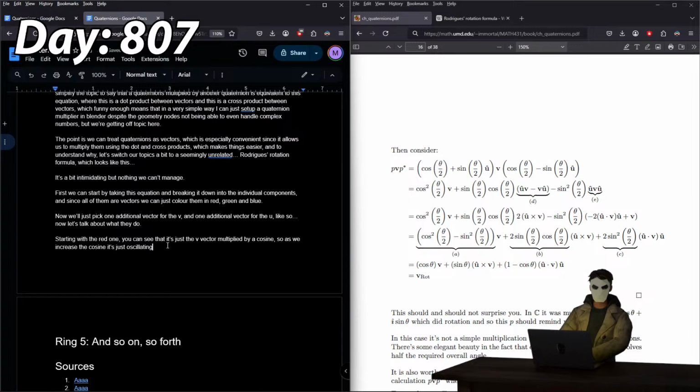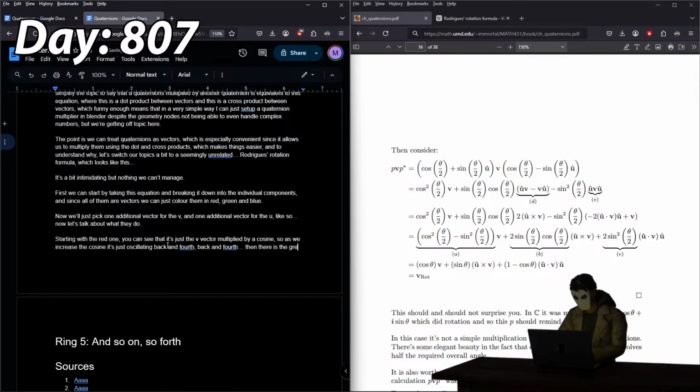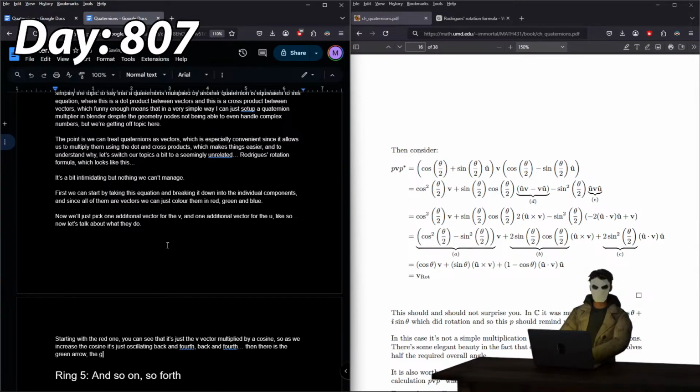So to increase the cosine is just oscillating back and forth, back and forth. Then the green arrow. The green arrow is a cross, is a sine, so that's why it's oscillating.